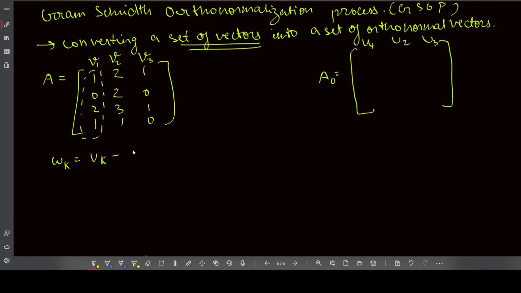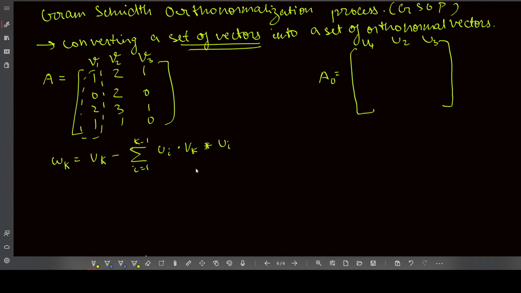vk minus sigma i equals 1 to k minus 1 of ui dot vk into ui.